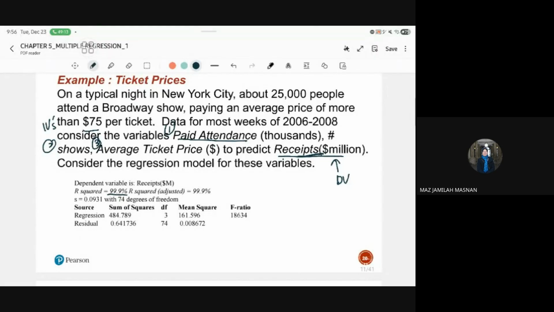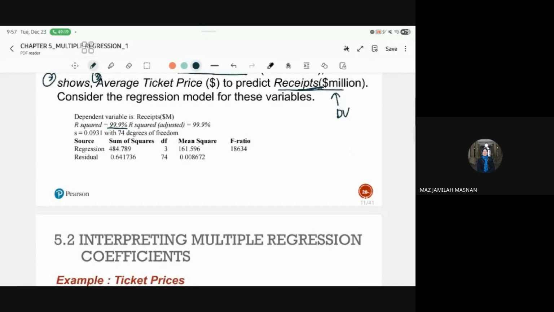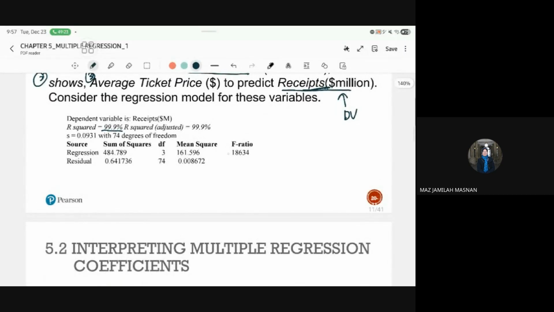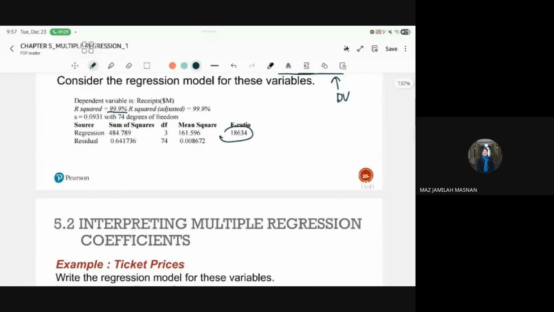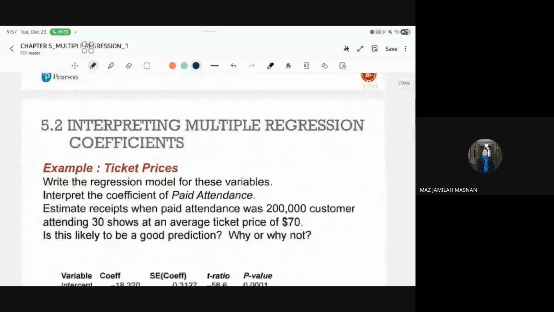So that could be the simplest way to comment on the R squared. And for the regression and residual, you can see the F ratio over here, but unfortunately the p-value is not included.